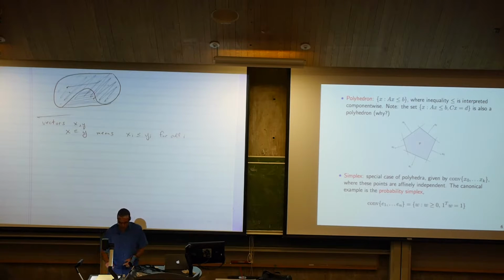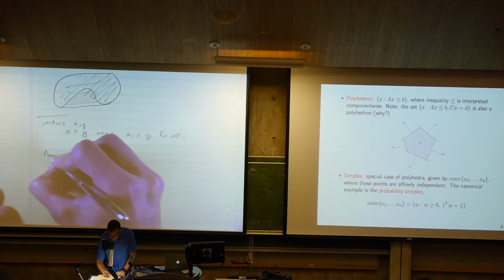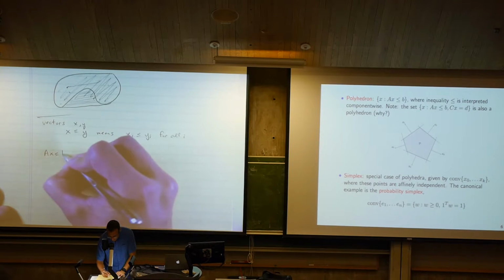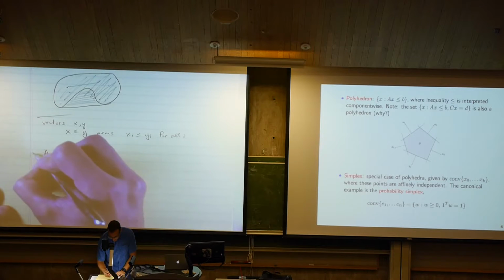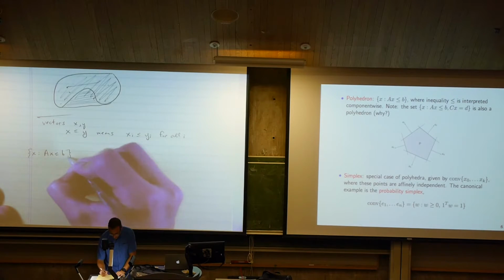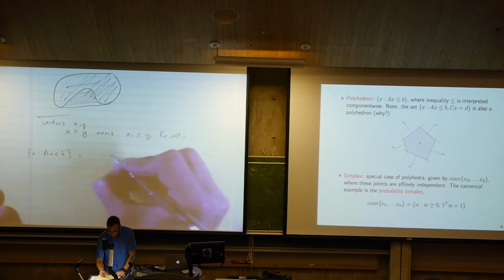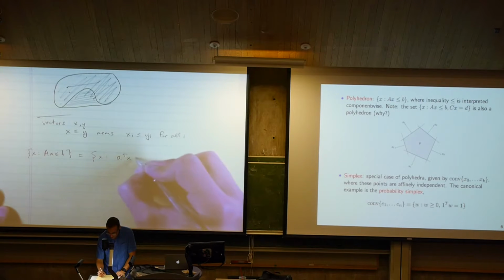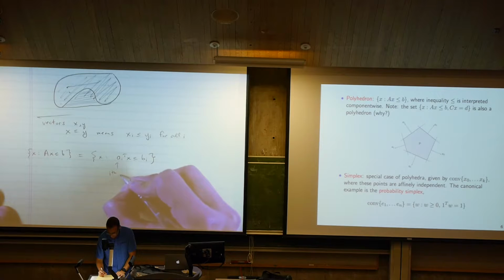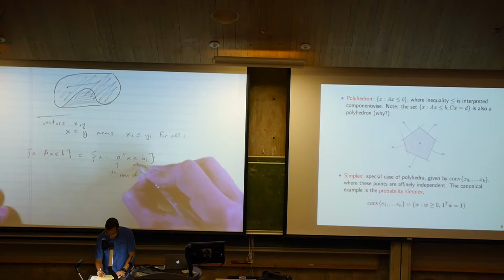So by Ax less than or equal to b, the set of all x for which this is true is a polyhedron, right? We can also write that as the set of all x for which a_i transpose x is less than or equal to b_i, where a_i is the ith row of A, for all i.